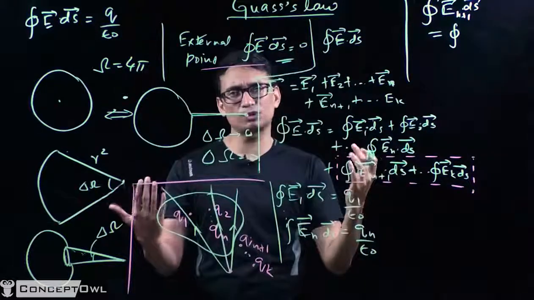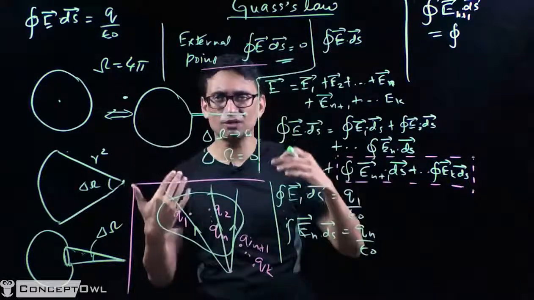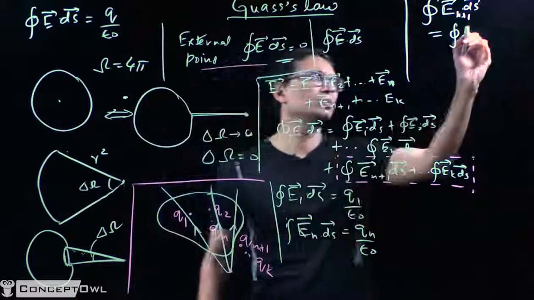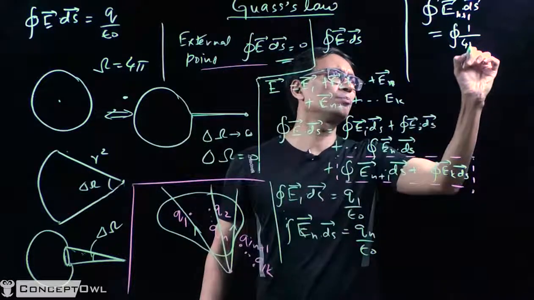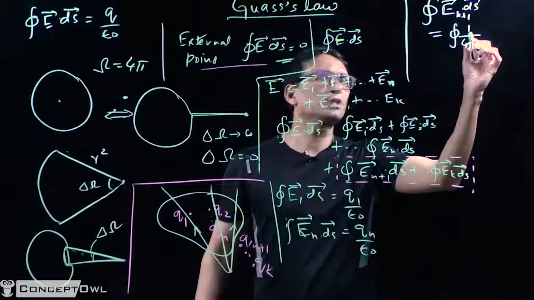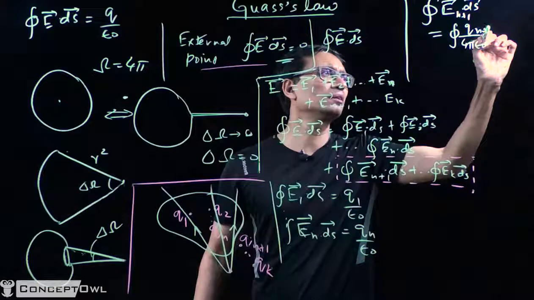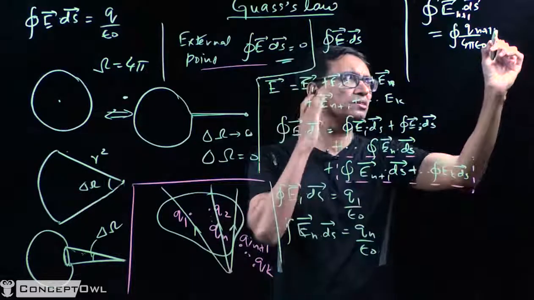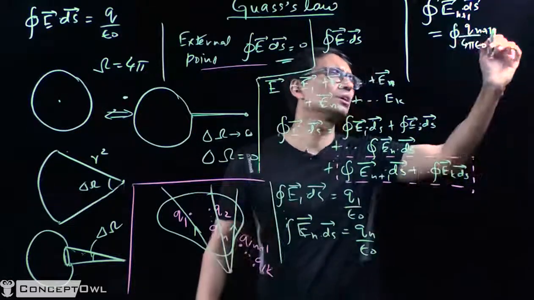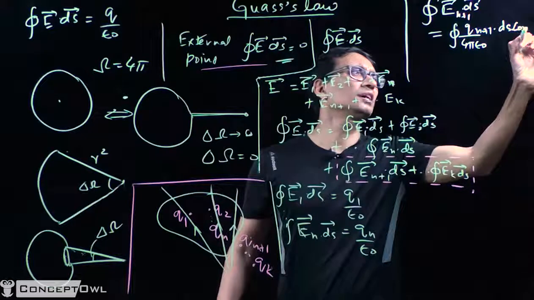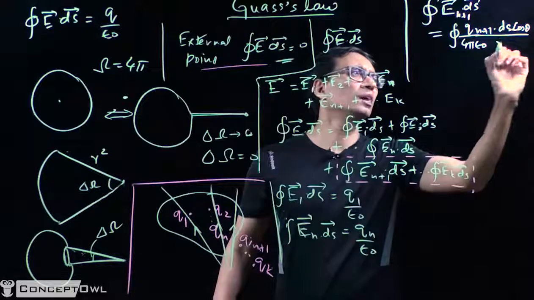The electric field is nothing but 1 upon 4 pi epsilon naught, or let's say kq upon r square. So this would be 1 upon 4 pi epsilon naught into Qn+1, and this into ds cos theta upon r square.